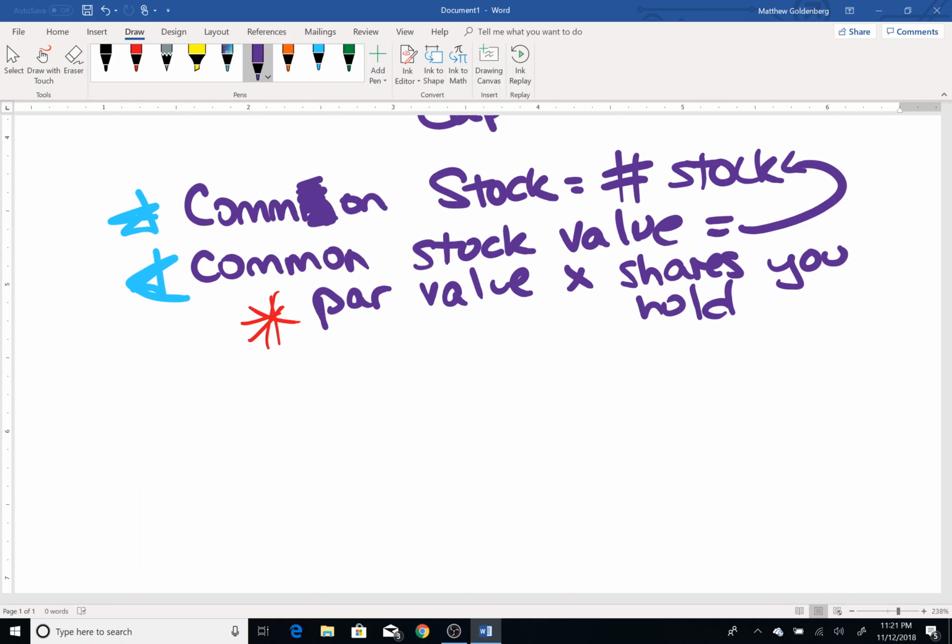Next, you have additional paid-in capital, or APIC.